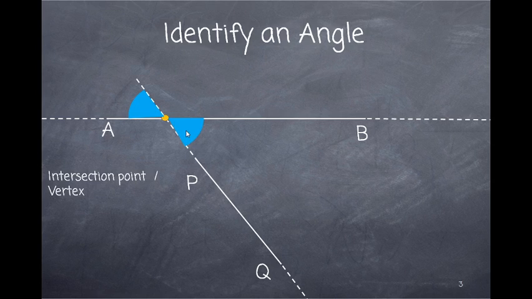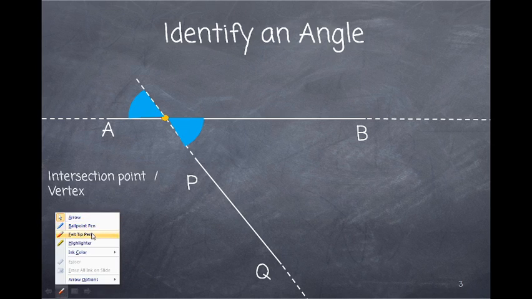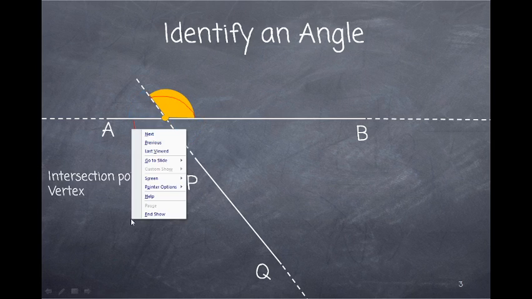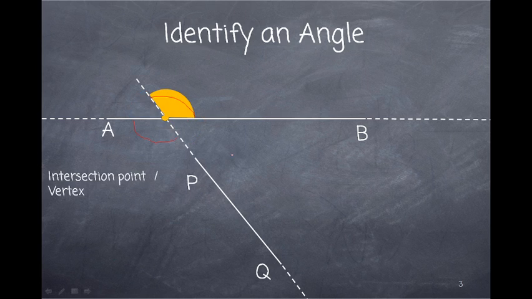That is why I colored these two angles in blue. And look at this angle and this angle, they are also the same. Here this one and this angle, these two angles are also the same. Okay.